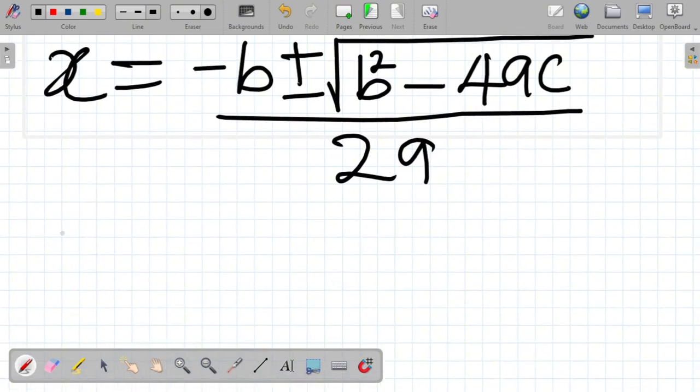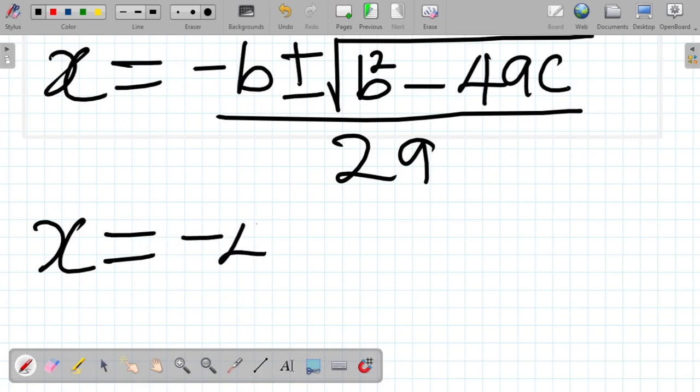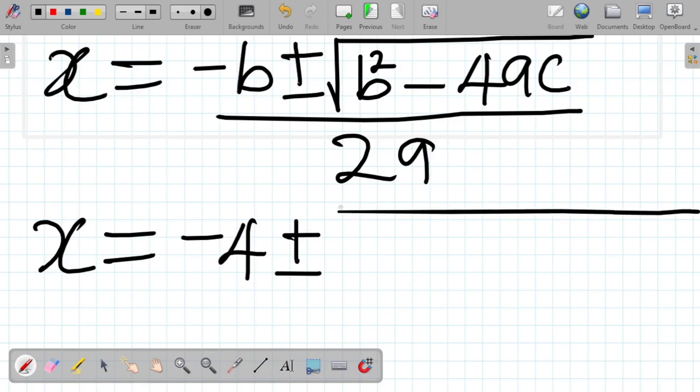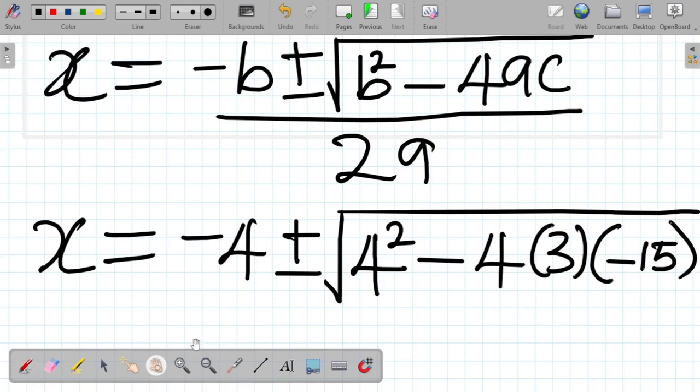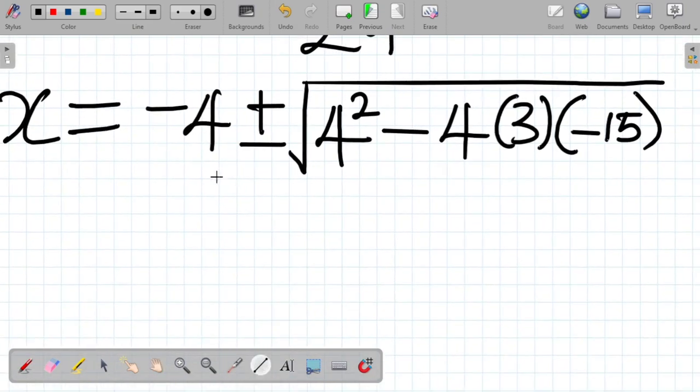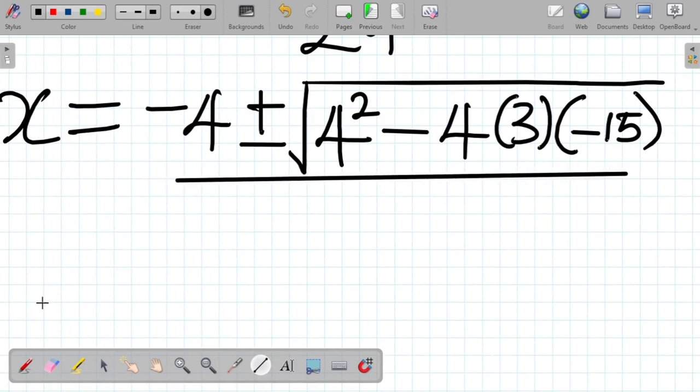So now let's substitute into the equation. x is equal to minus 4 plus or minus square root of 4 squared minus 4 multiplied by a, which is 3, c is negative 15, all over 2 multiplied by 3.